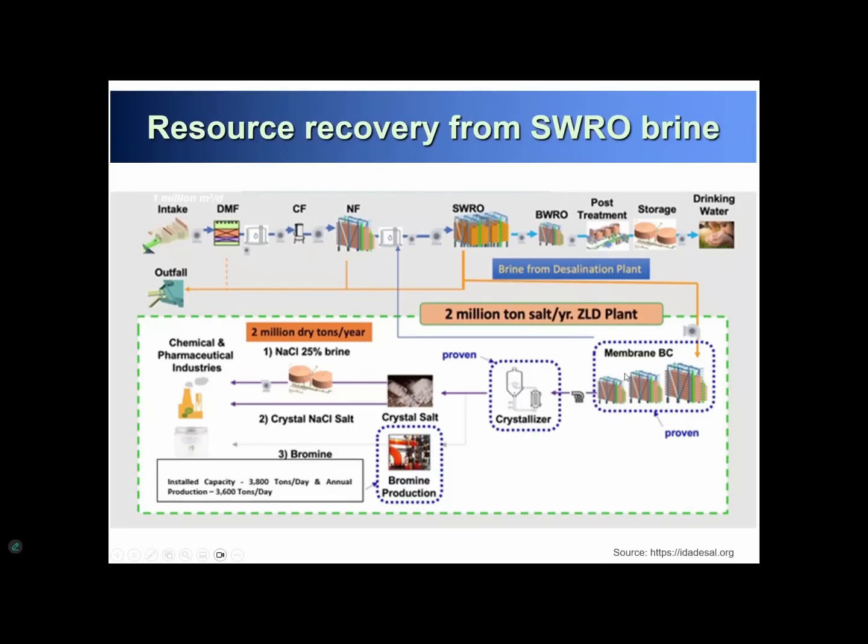It utilizes multiple stages, first stage, second stage, third stage, to increase the overall concentration and reduce concentration polarization, and then you can have a maximum around 150 gram per liter to 200 gram per liter, and you can go to the next crystallizer, basically thermal crystallization, where you evaporate your water and keep creating your salt, and then you can have a sodium chloride 25% brine, and then crystal sodium chloride salt.